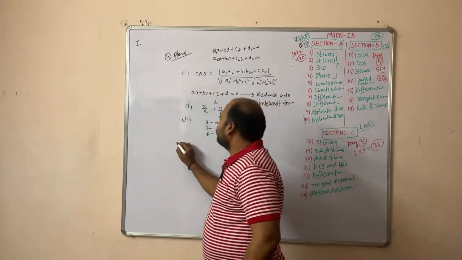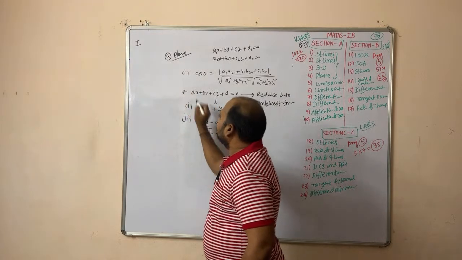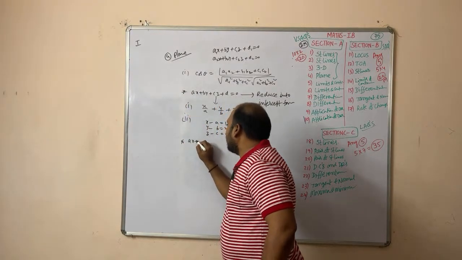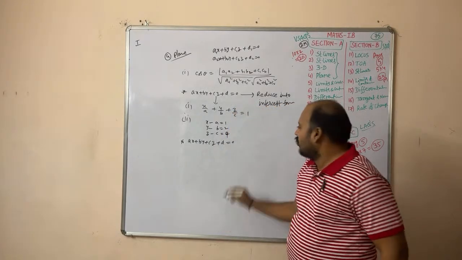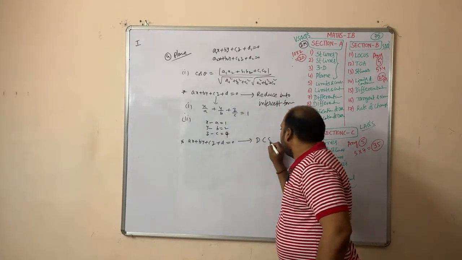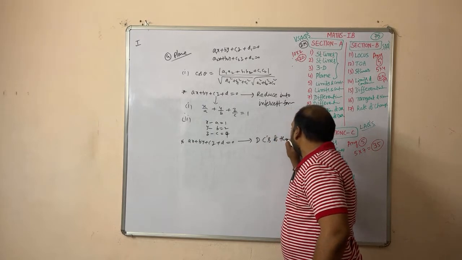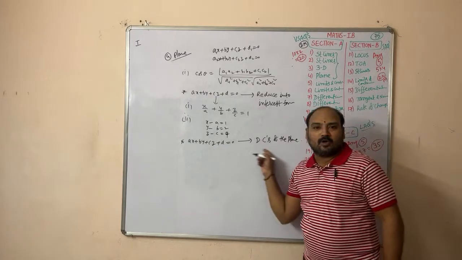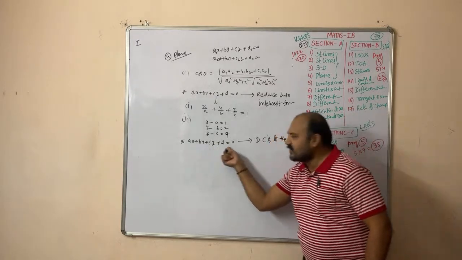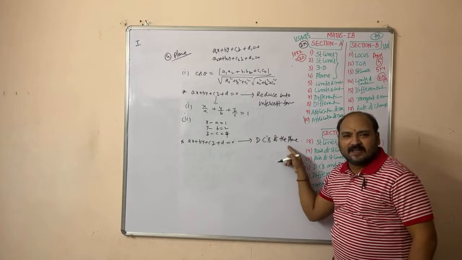Next one: they will give this equation ax plus by plus cz plus d equal to 0 and ask to find the DCs of the normal to the plane. Whenever the equation is given like this, how to find out the DCs?